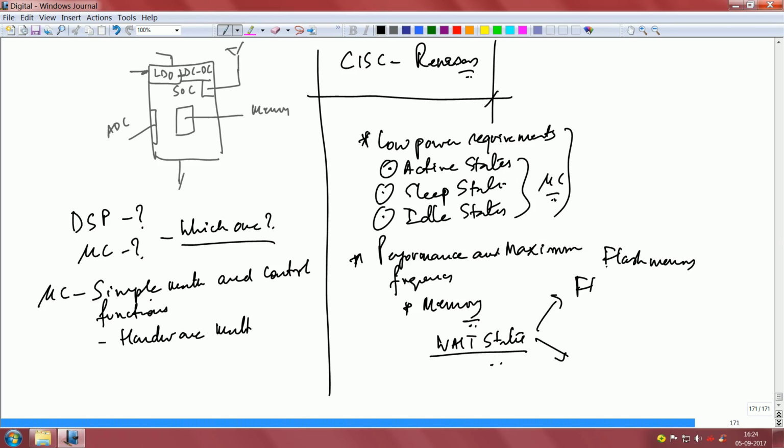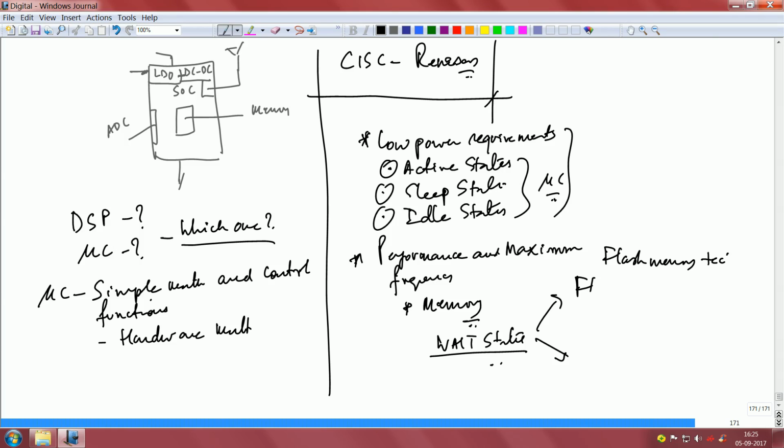There is a technology which allows you to use the flash without introducing wait states. Which is called, I am just trying to recall the name of the flash memory technology.